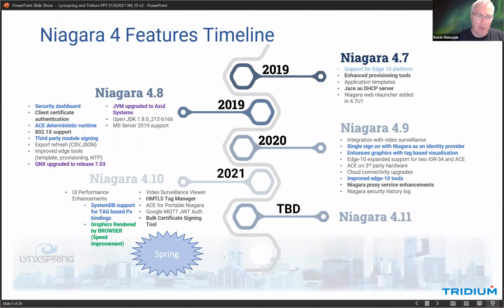This actually builds on the 4.9 release. In 4.9, we've got some enhancements for visualizations and tagging. With 4.10, we're going to start to optimize a lot of that delivery. So you'll see that with the tags, remember how I told you that tags started out just to identify geolocation, and then all of a sudden we could use tags and hierarchies, and then we could add tags to PX pages to make them highly portable.